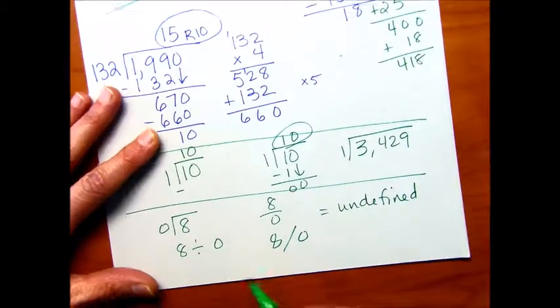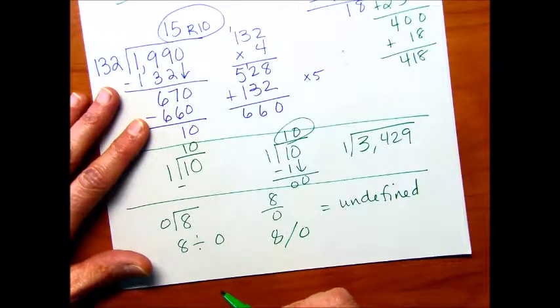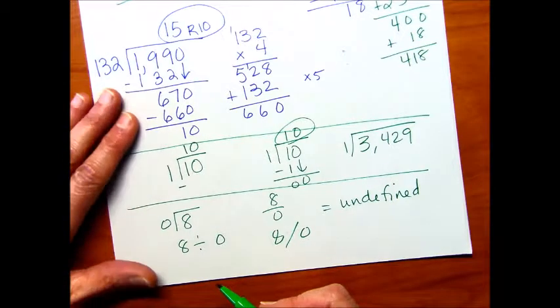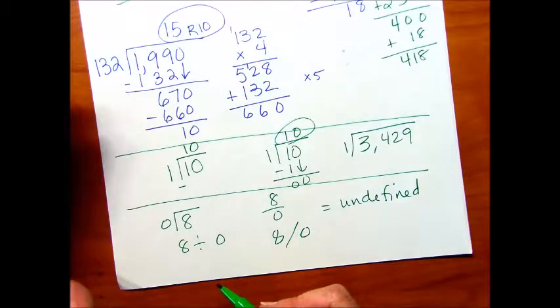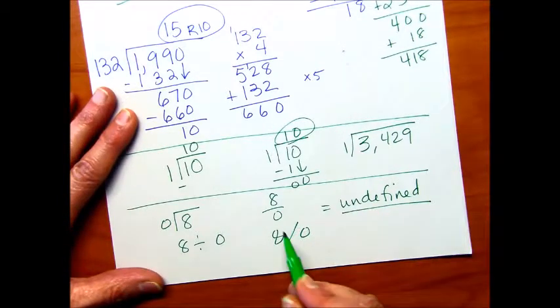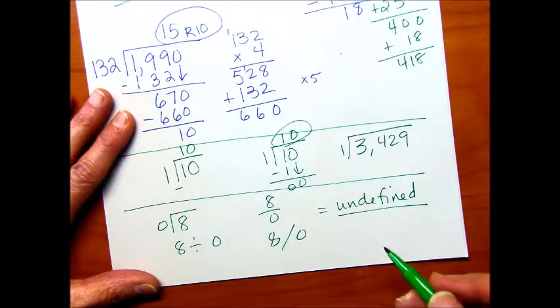You just can't divide something by nothing. There's no such thing as taking a number and then dividing it by nothing. So this would be considered undefined, and if you ever see anything like that, that would be your answer. You would just say undefined.